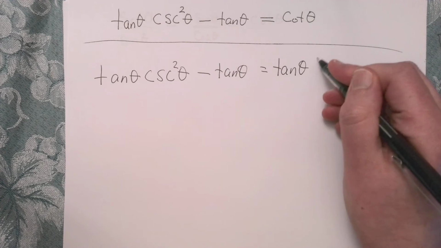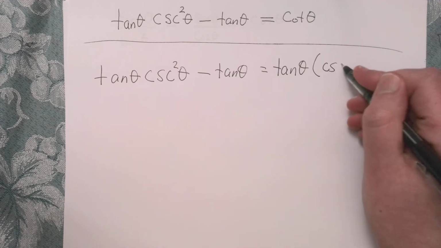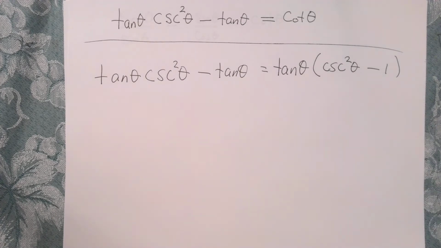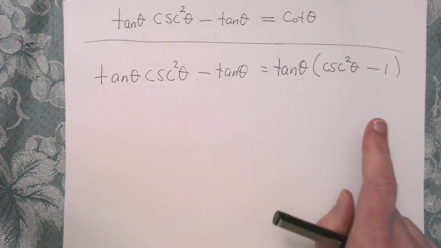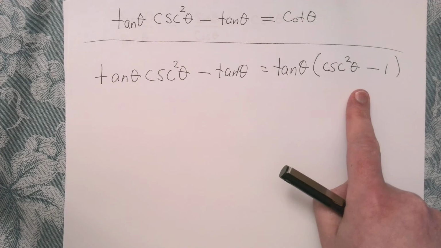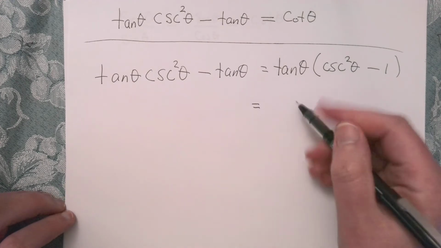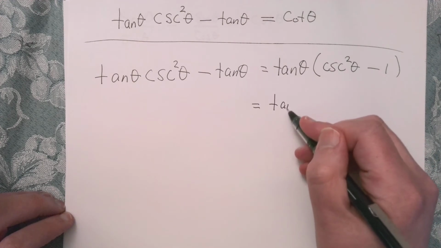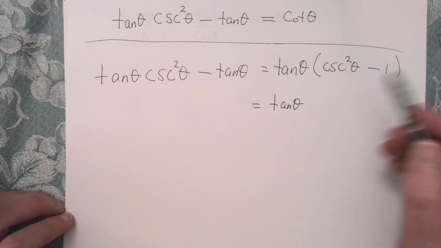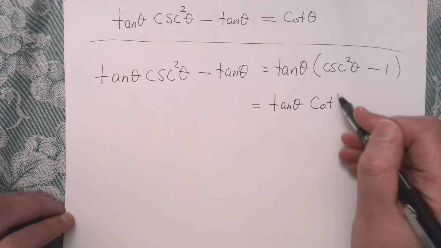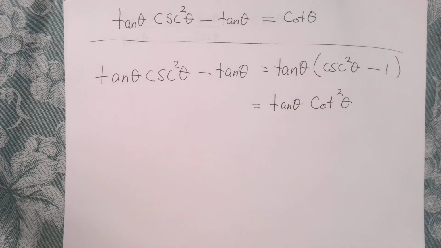So here I've got tangent of theta times cosecant squared of theta minus 1. But remember, that's one of our Pythagorean identities, right? Cosecant squared of theta minus 1 is exactly the cotangent squared of theta.